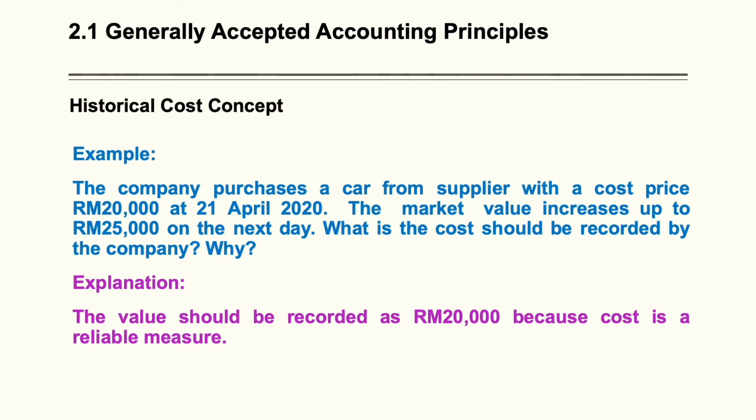Why? Because this 20,000 is the cost at which we acquired the asset. As I told you just now, all the assets and services that we acquire should be recorded at their actual cost, because this cost is more reliable.